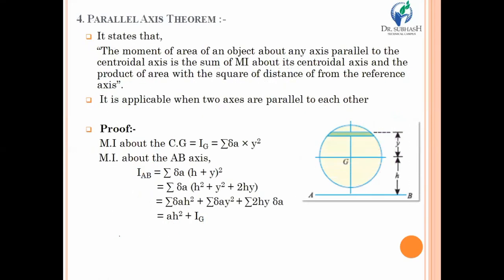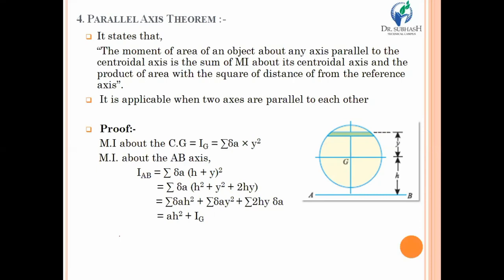Then there are two famous theorems which are frequently asked in your internal or external examinations: the parallel axis theorem and the perpendicular axis theorem. We start with the first, the parallel axis theorem.